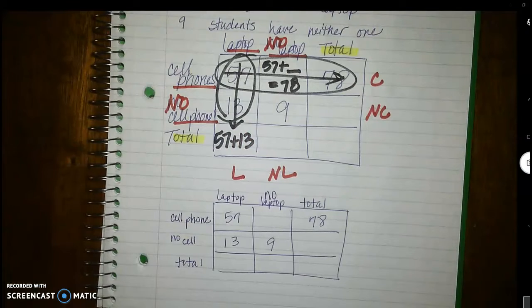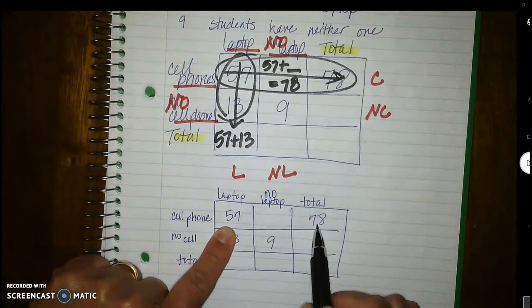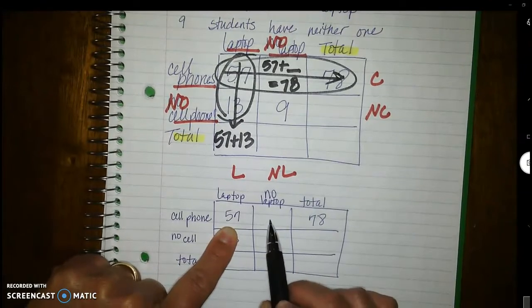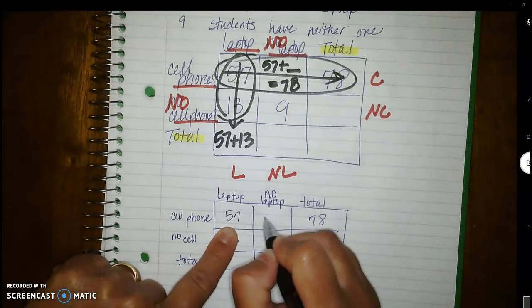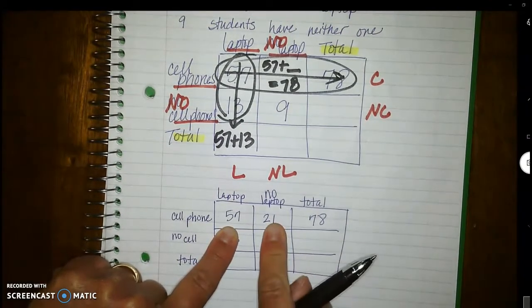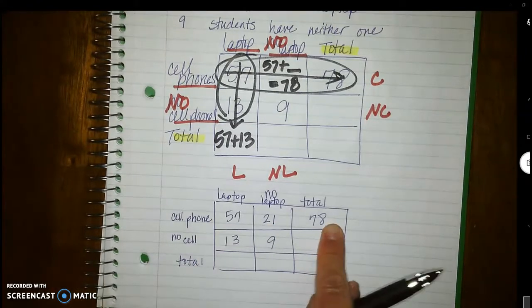Let me clean it up a little bit and get the rest of those numbers filled in nicely for you. 57 plus what is going to give us 78? The number that goes here ends up being 21, because 57 plus 21 gives us 78.